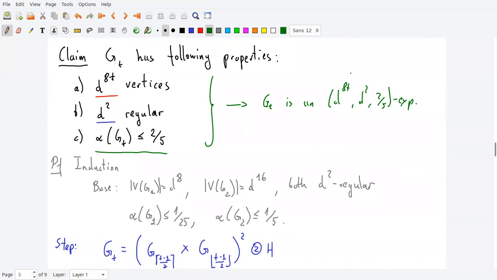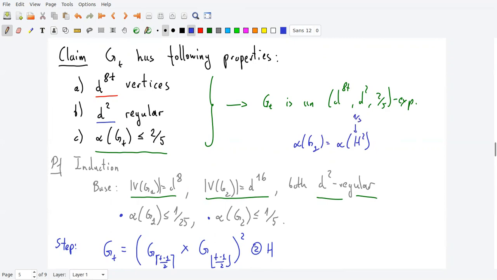And the base case we essentially already did. So the first graph G1 has d to the 8 vertices, G2 has d to the 16 vertices, this we checked, and both of them are d squared regular. So it remains to ask what the spectral parameters of these two graphs are. Alpha of G1: recall that G1 is H squared.